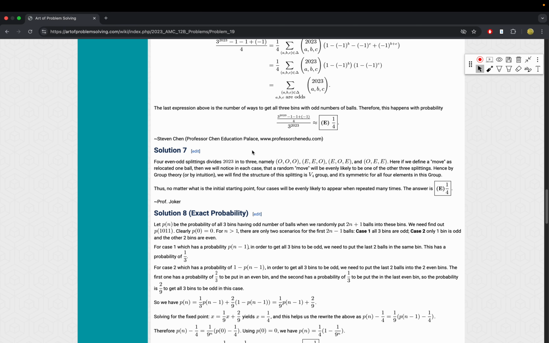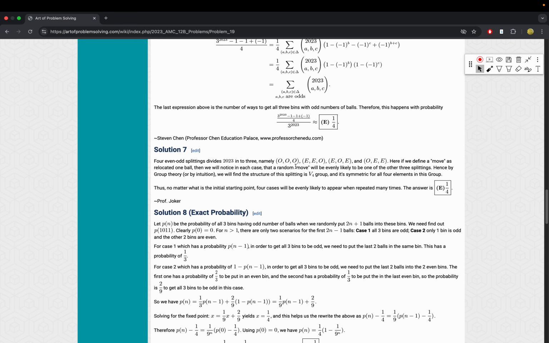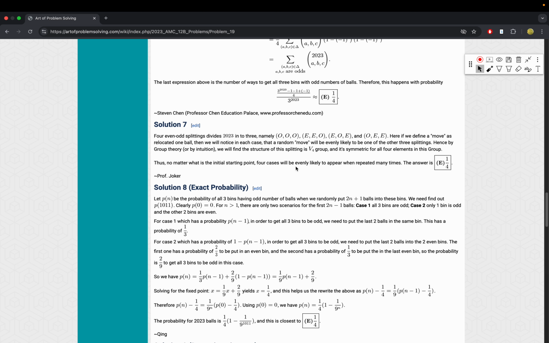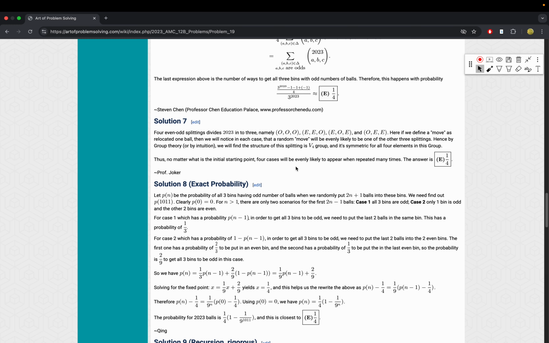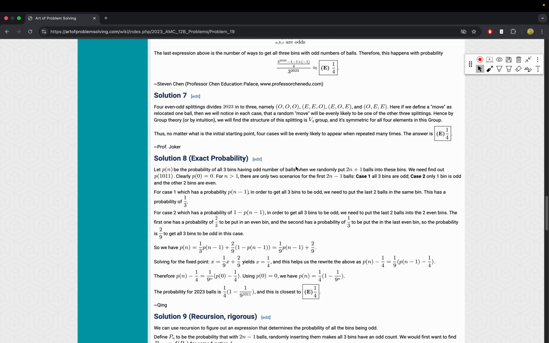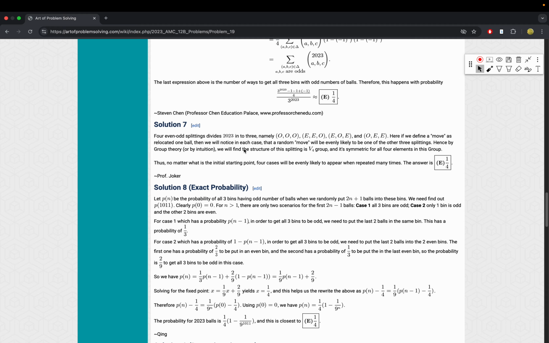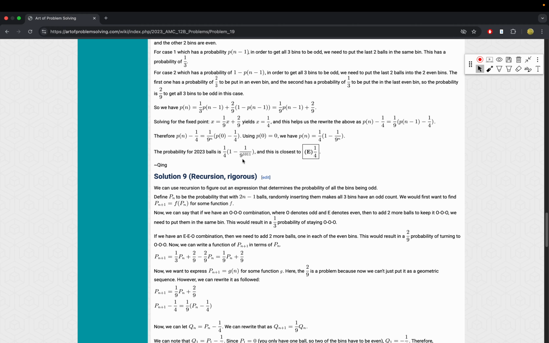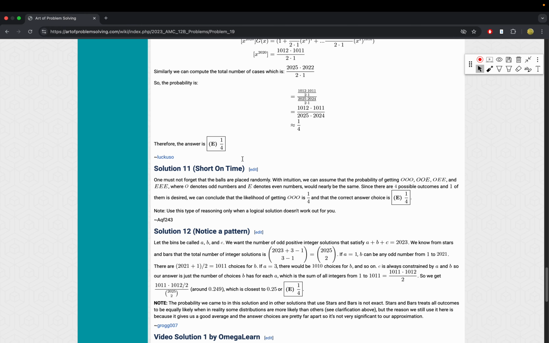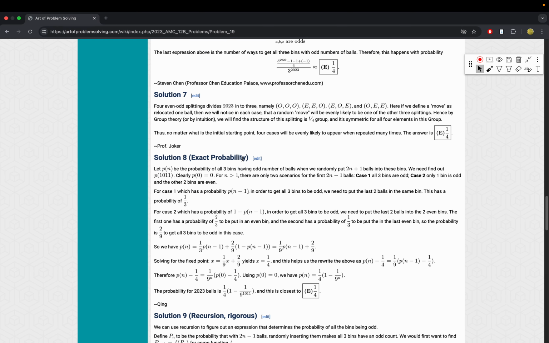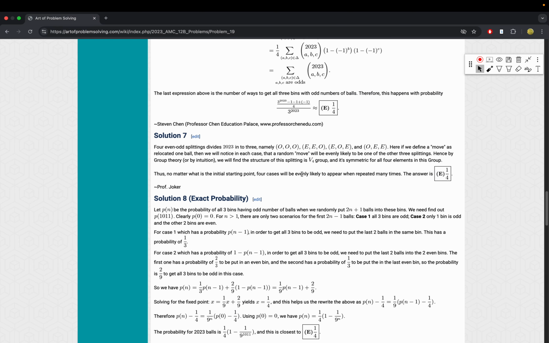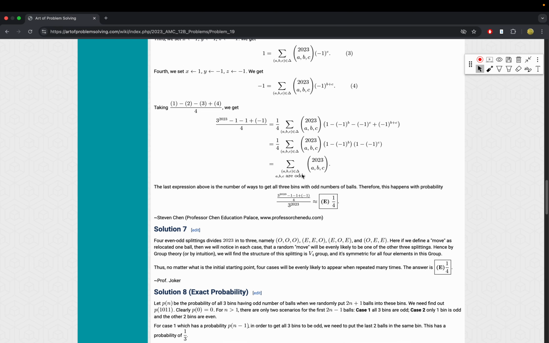Wait, but why is the solution so? Oh wait, we have the same one. Oh, I had the same solution as number 7, but I think this one was kind of cheesy, I would say.